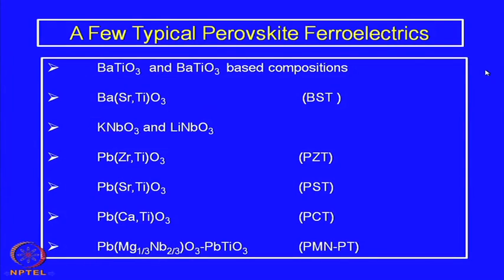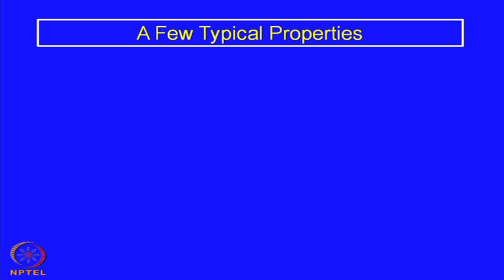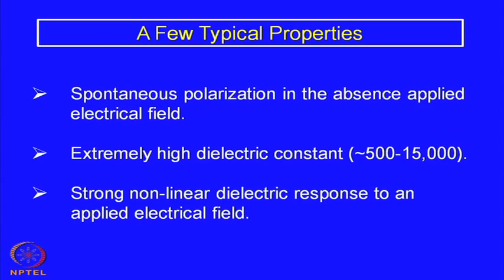With this, we go to the other important aspect of perovskite materials, that is, what the different properties are. We have already discussed most of them, but this is just a consolidated picture of the most important properties we exploit in different ferroelectric or dielectric devices.